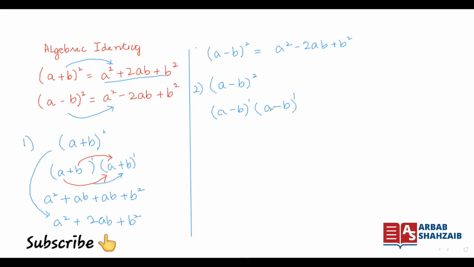So very first we will multiply a with a, which is a square, then a multiplied by b, which is minus ab, then minus b multiplied by a, which is again minus ab, then minus times minus is plus, so b times b is b square.